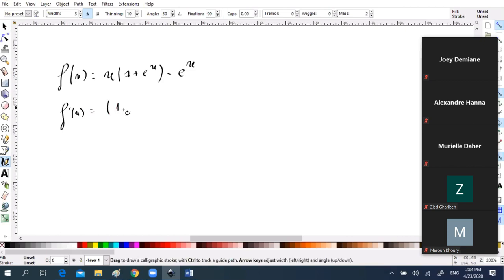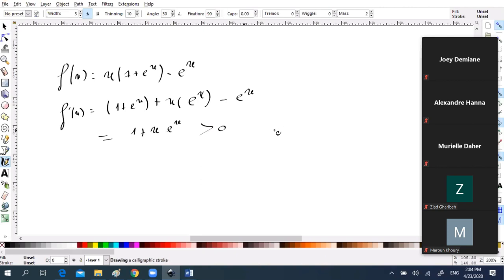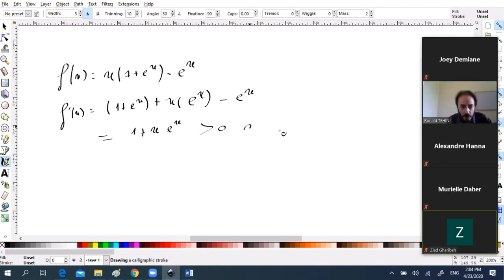So this would be 1 plus e^x, plus x e^x, minus e^x. This gives 1 plus x e^x, which is positive on the interval 0, 1.